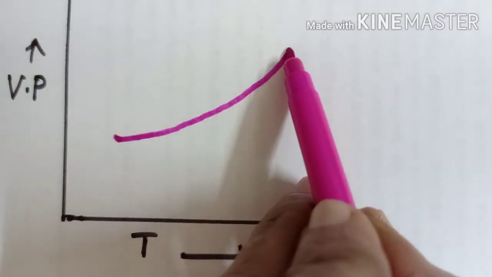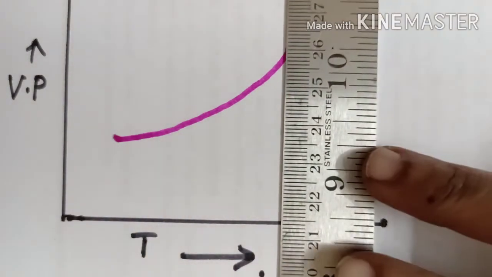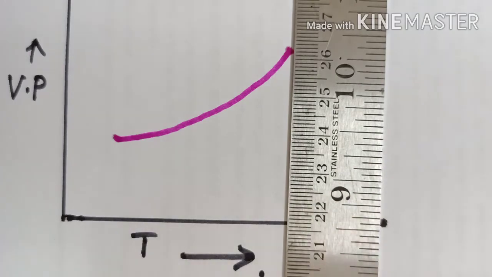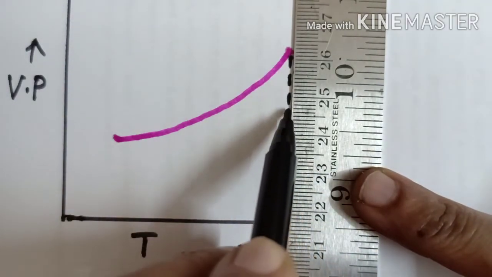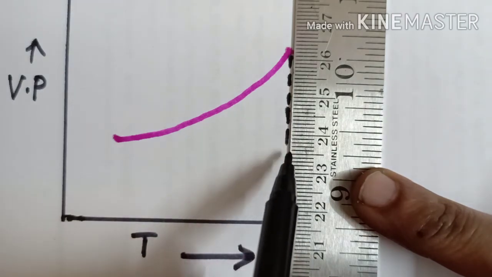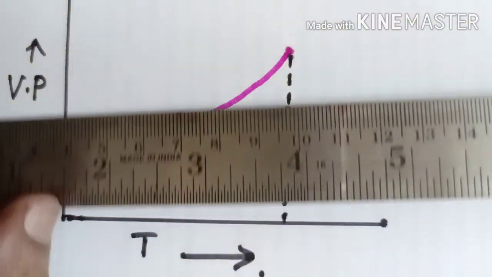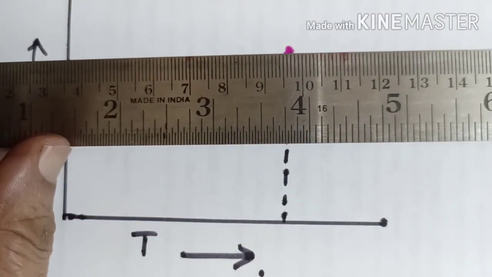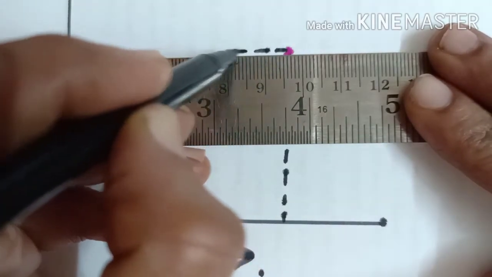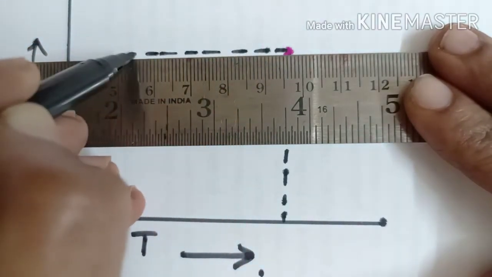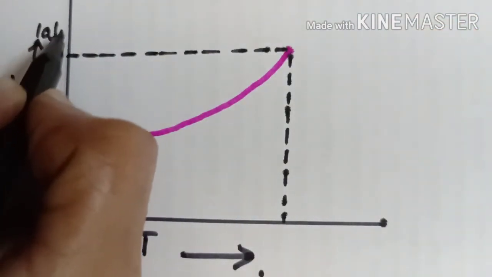And you find that at a particular temperature, it will reach the 1 atmosphere mark. So the liquid is said to boil when it reaches the 1 atmosphere mark. So let this be the 1 atmosphere mark.